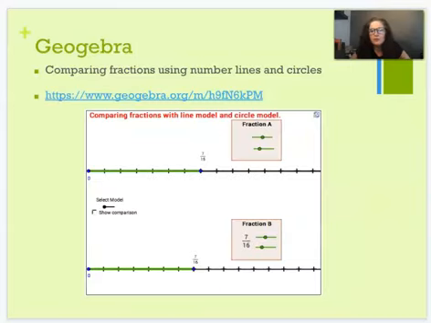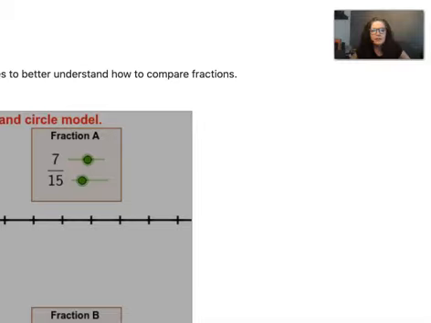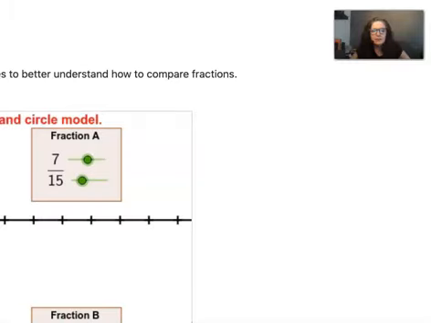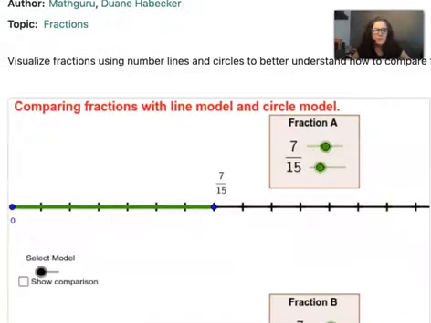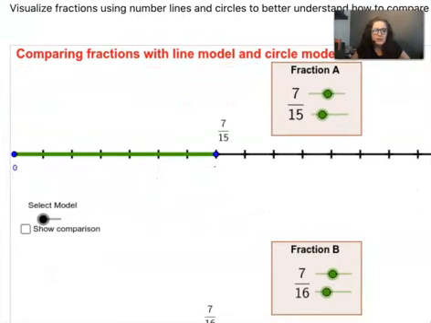If you're struggling with number lines, GeoGebra, which is a free program for you, can help you with some number lines. If you use this link, you can visualize fractions using number lines and circles to better understand how to compare fractions. So for example, 7/15, and you can change these sliders around.